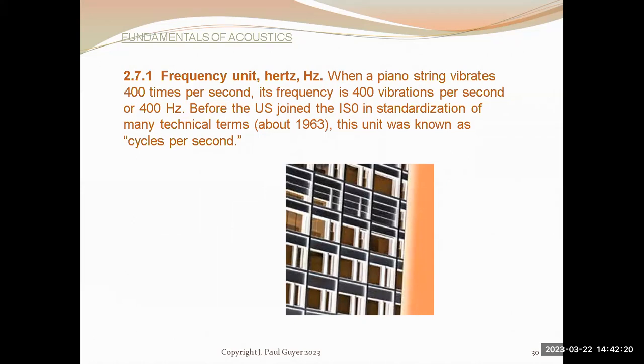If you impose a force on that system at or very close to its natural frequency, then resonance is induced.